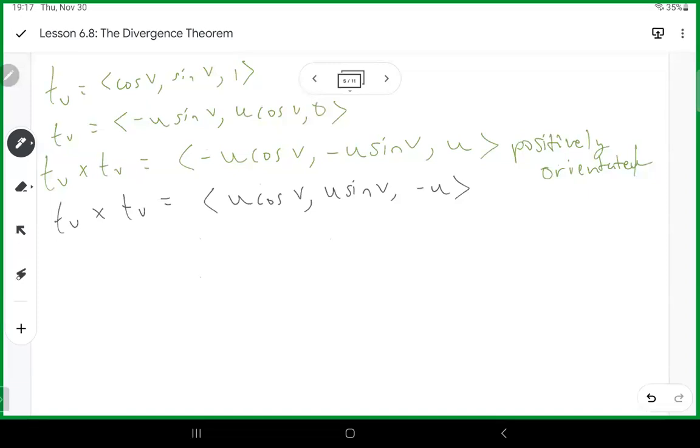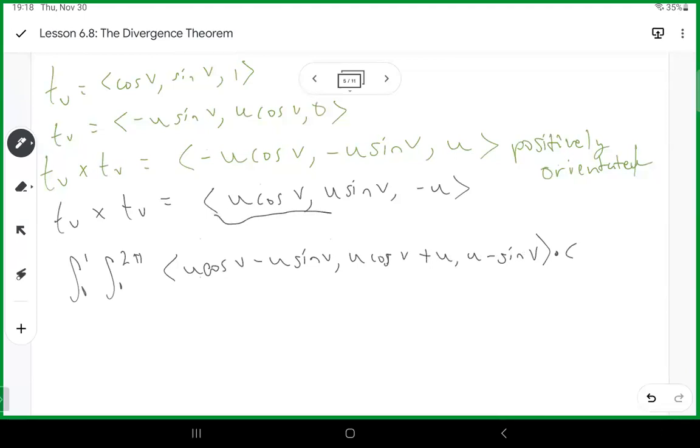All right, so then we have the flux across S2 as the integral from 0 to 1, 0 to 2 pi of the dot product, dv du.